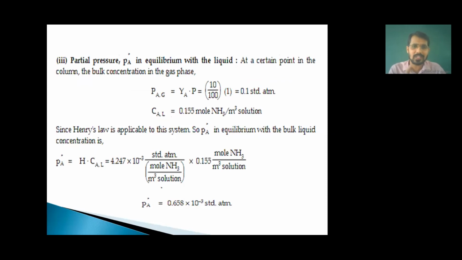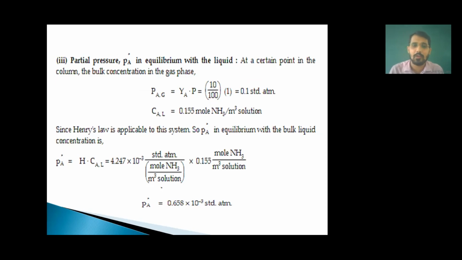Now we have to use PAG and CAL in the calculation of PA. Since Henry's law is applicable to this system, PA in equilibrium with the bulk liquid concentration is given by Henry's law, that is PA is equal to H into CAL.